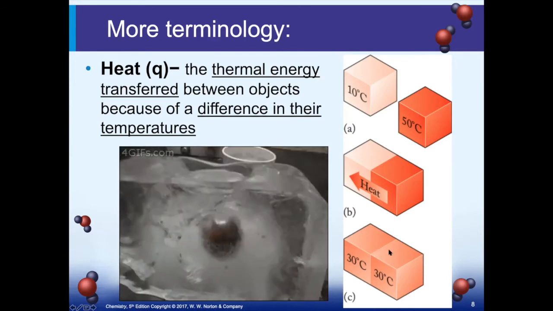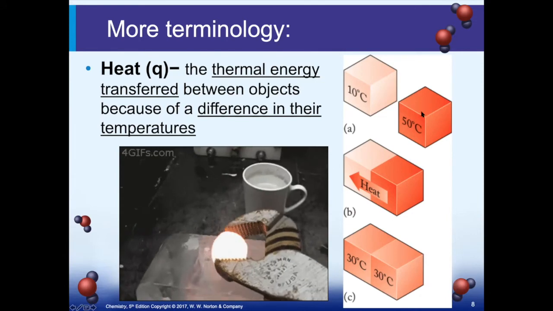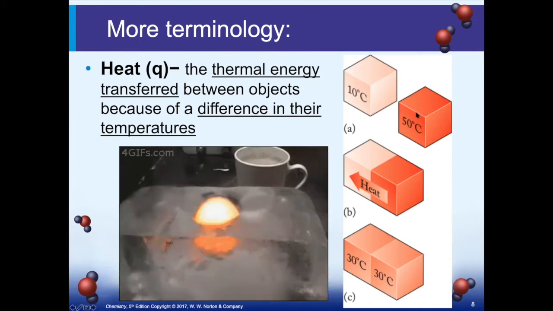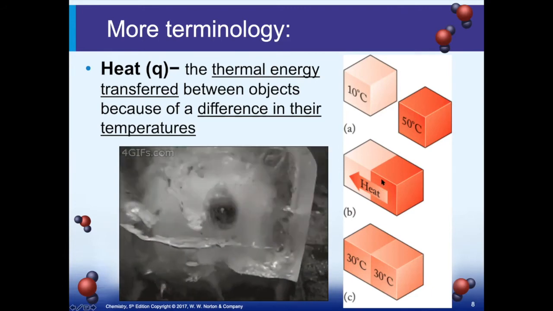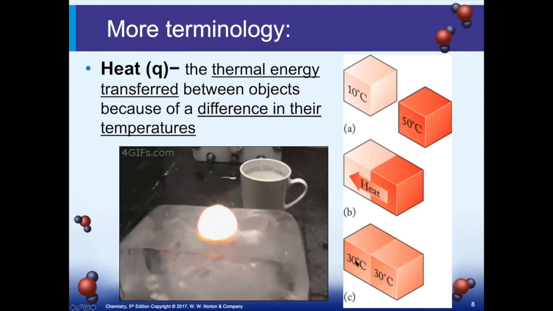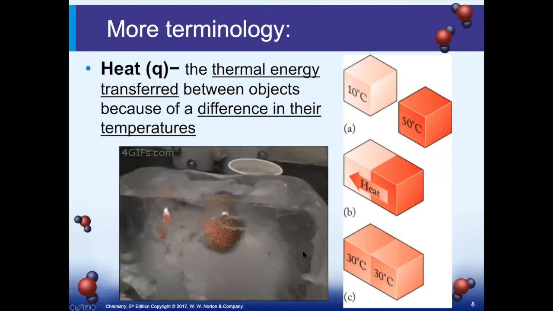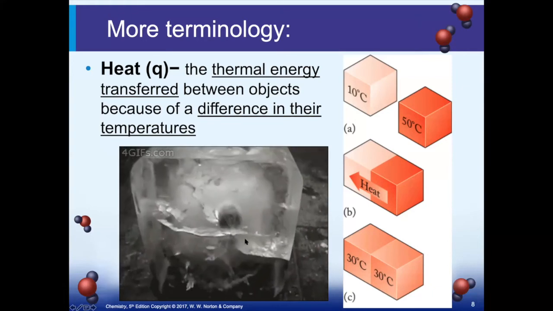So you've got 2 little illustrations of this. We'll start with the one over here on the right. I have these 2 blocks, one at 50 degrees, one at 10 degrees. If I bring them together and have them touch, the energy is going to flow from the hotter object to the cooler object, and it will stop when the 2 temperatures become the same. Then you've got this animation over here, which illustrates the same thing, but a little more interesting.